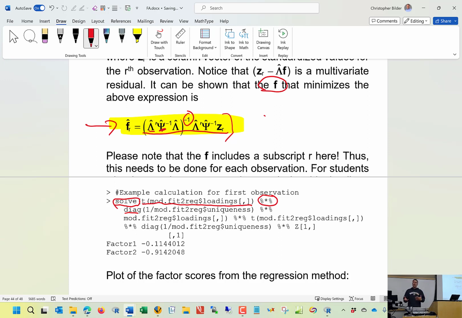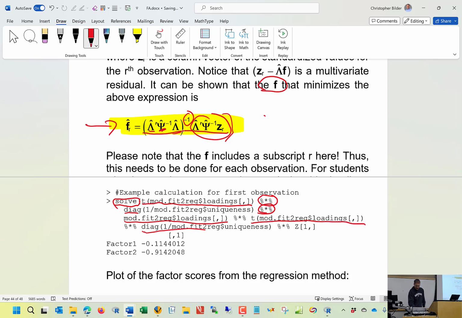Since I have a diagonal matrix here, I use the diag function. And also, since I'm doing the inverse, I just simply take 1 divided by all those uniqueness values. Then I multiply again by lambda hat. Then I have again a lambda hat that's transposed.